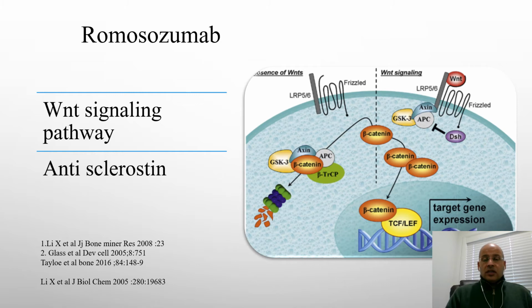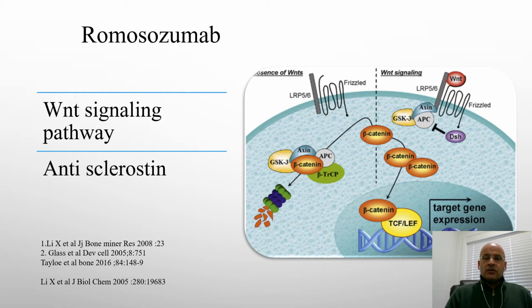And the way it does that is by inhibiting the inhibitor of the Wnt signaling pathway. The Wnt signaling pathway is famous for its effect on the osteoblast cell to mature and start its role as an anabolic cell through these receptors, LRP5 and 6, and their co-frizzled receptors.